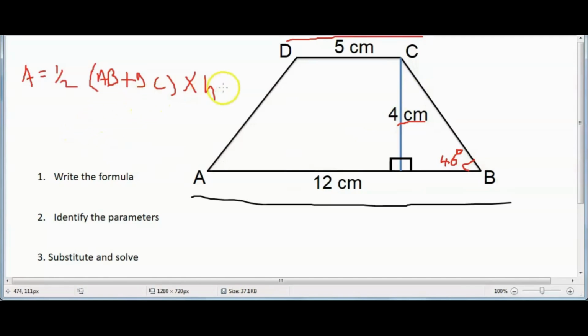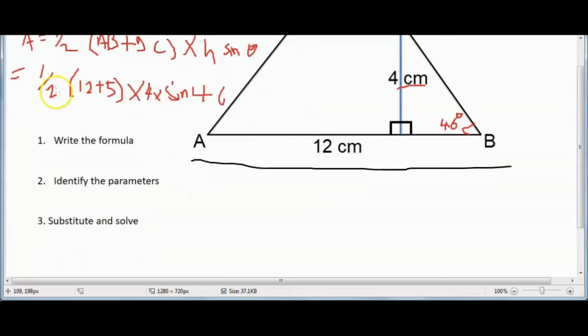Then sine of the included angle. It is going to be half times 12 plus 5, times the height, which is 4, times sine 46.